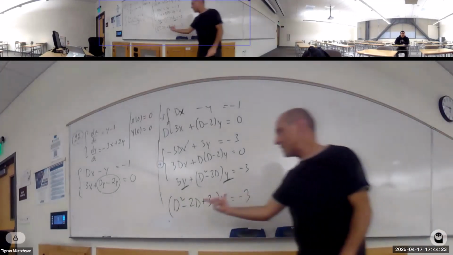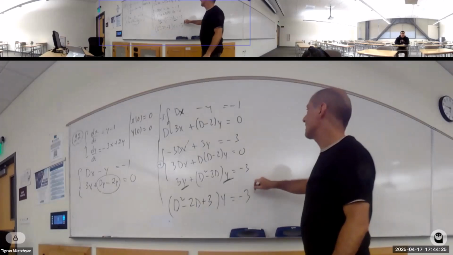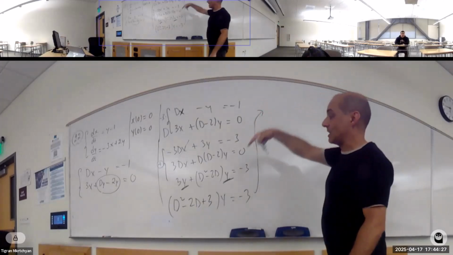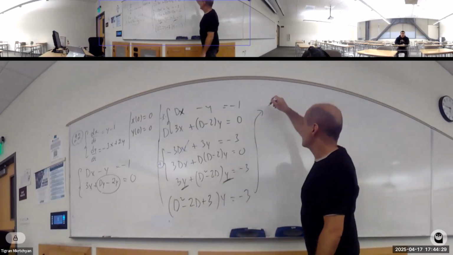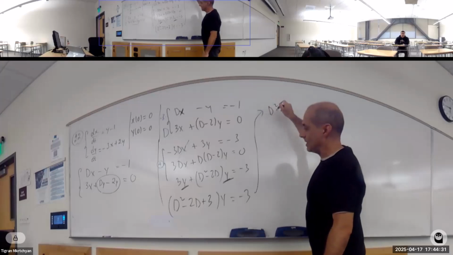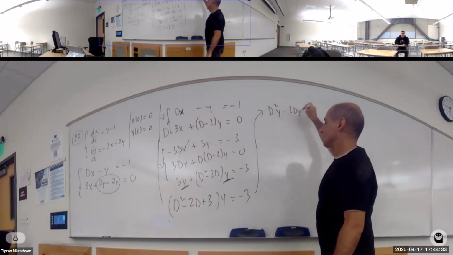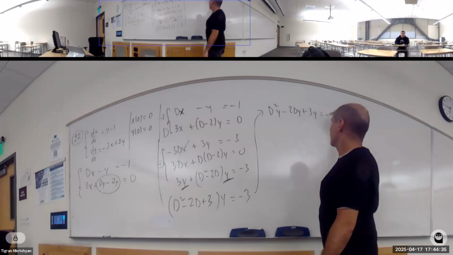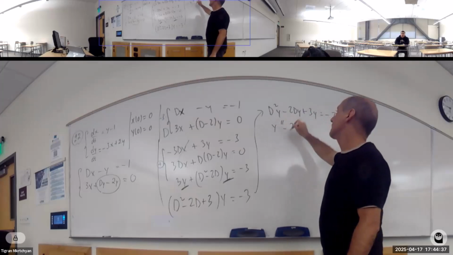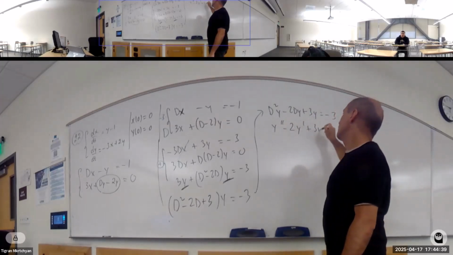Now you can get your characteristic equation from here, but I want to rewrite this as derivatives without D. Without D, with D is this, which is the same as this.